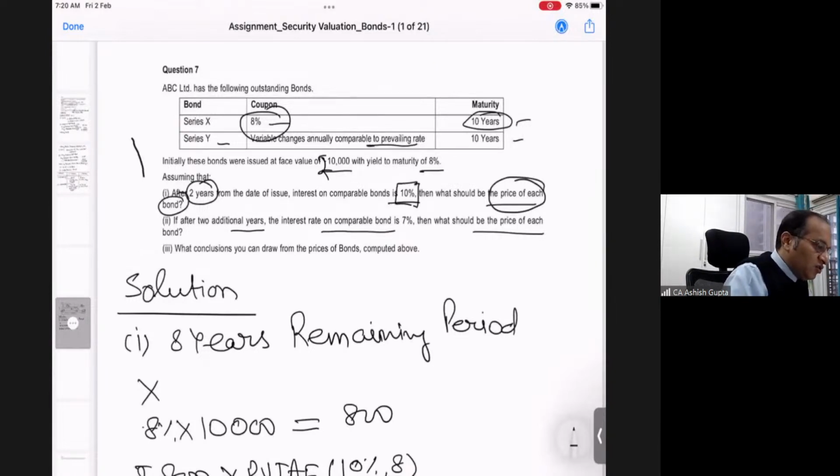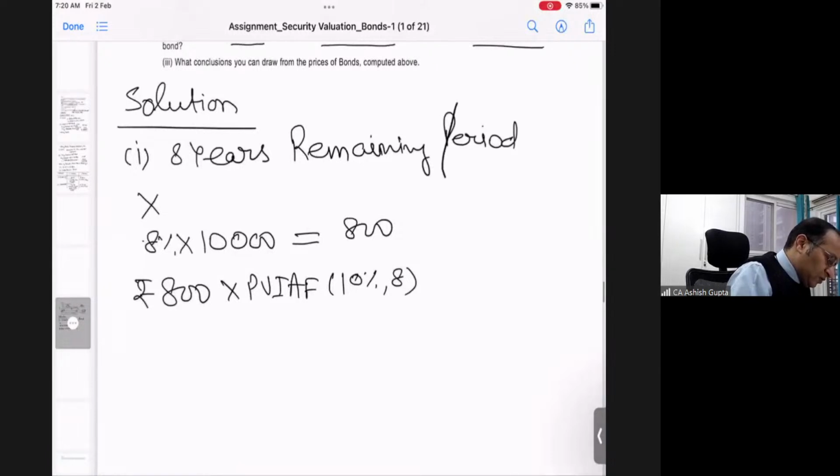So we shall use the same. So this will be the coupon of 800 into the annuity factor at 10% yield to maturity, plus our principal repayment 10,000 into the present value factor at the rate of 10%.